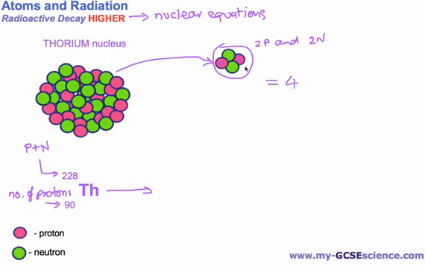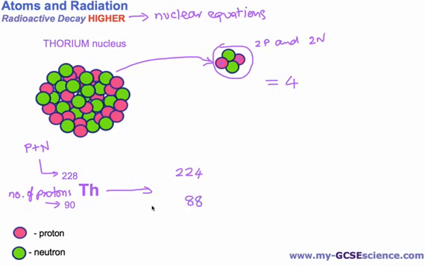If I add the protons and neutrons together, that means that number changes by 4, and because they've been lost it goes down by 4. It becomes 224. The proton number is 90, but if I've ejected an alpha particle I have lost 2 protons, so that number becomes less by 2, so that number becomes 88.